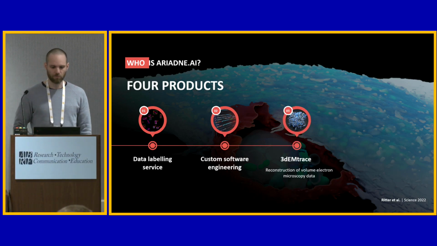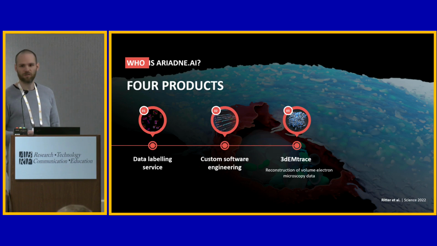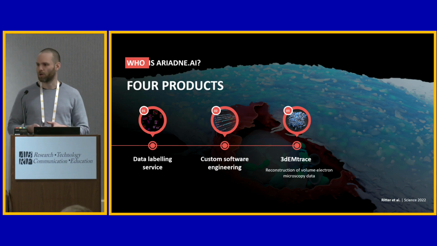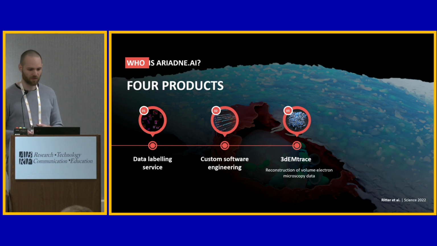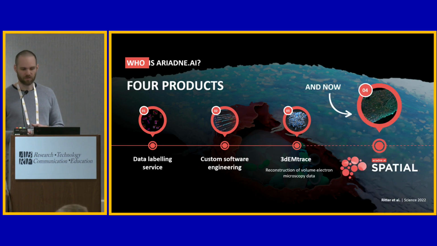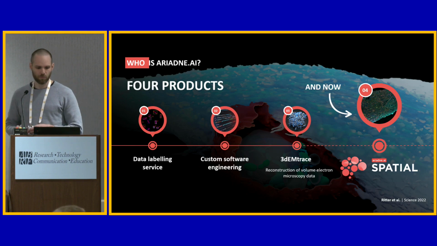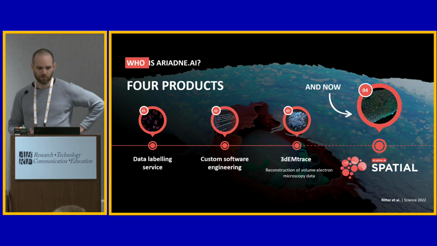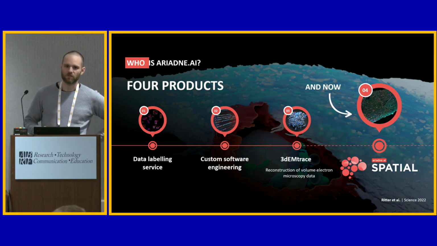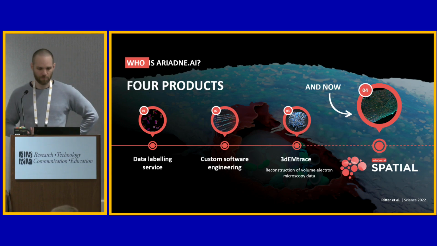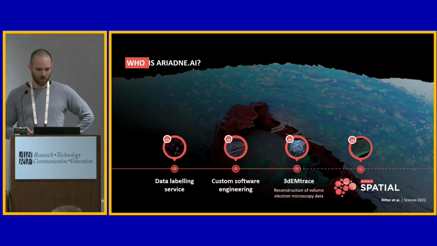And then we have the productized workflows: 3D EM Trace, which is for reconstructing three-dimensional structures from high-resolution, three-dimensional electron microscopy data, such as serial block face electron microscopy and similar techniques. And then we've got Spatial, and this is really the product that we're here foremost to promote today and at this conference, which is for the analysis of multiplexed image data, such as spatial proteomics and spatial transcriptomics.